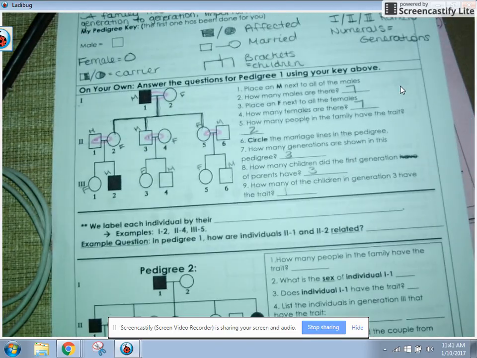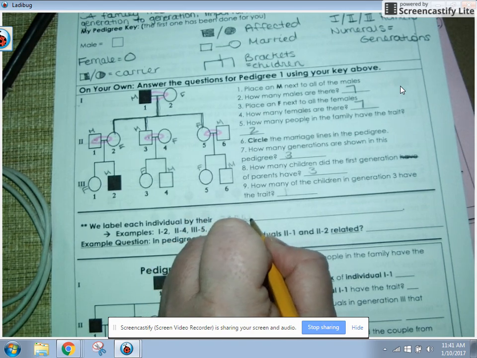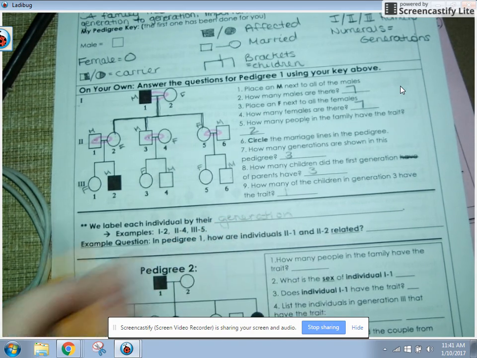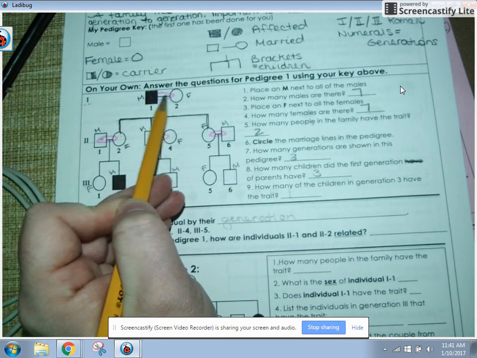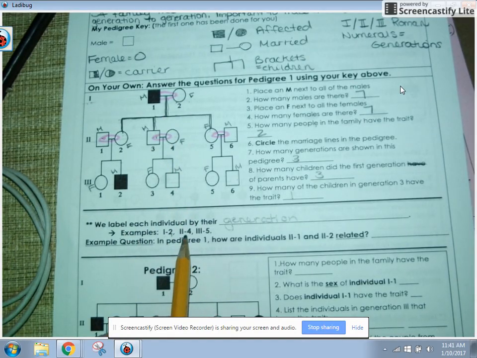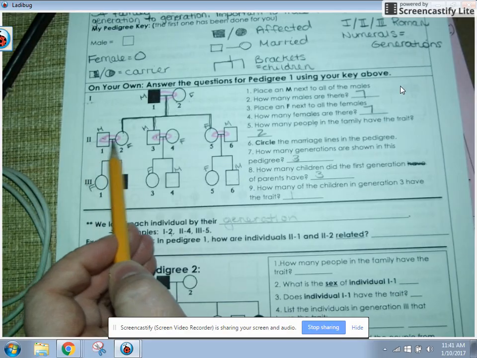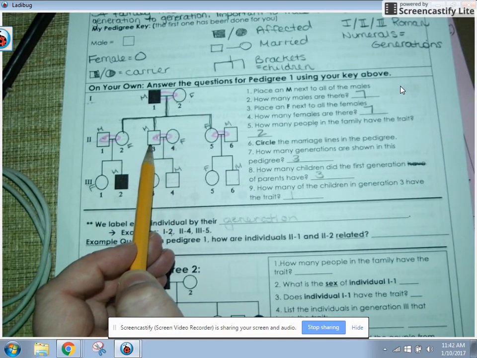And down below it says we label each individual by their generation. So for example, if I wanted to find the person in the first generation, number 2, I would be talking about this female. The second generation, number 4, I'm looking at the wife to their son.